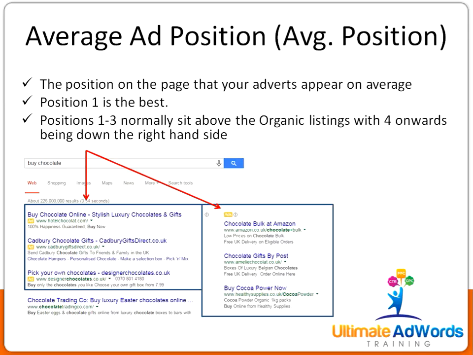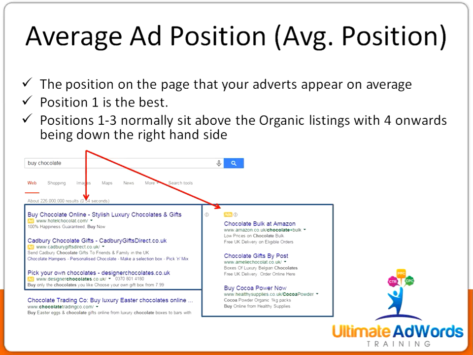If you can help it, you want to stay above 6, because that is normally above the fold in terms of people not needing to scroll down once they have made a search. So yours would be one of the ones that they would see without scrolling. This obviously depends on monitor sizes, but 6 and above is usually about right.